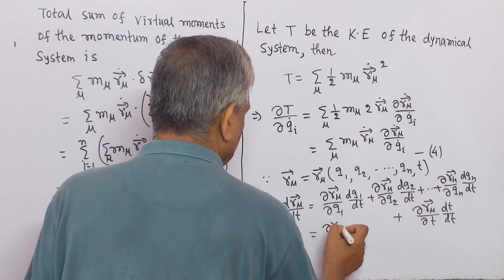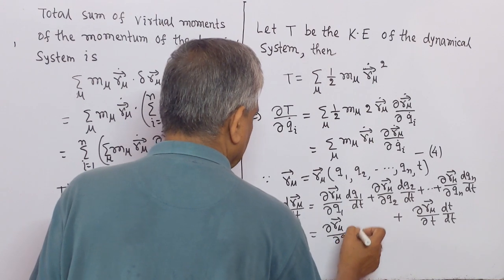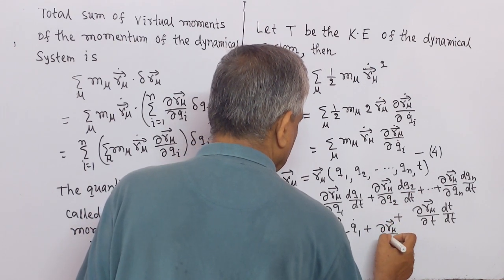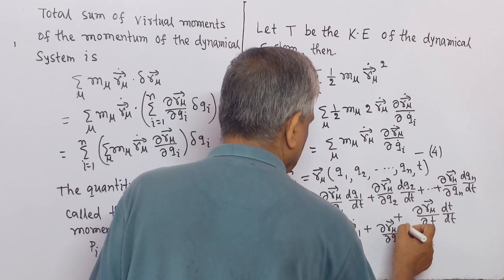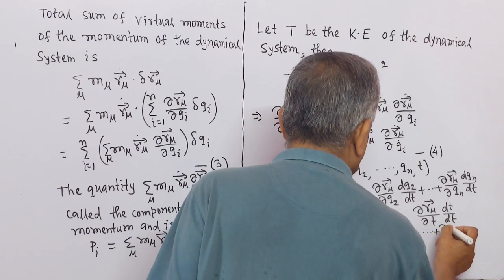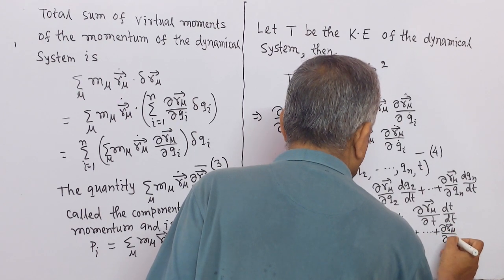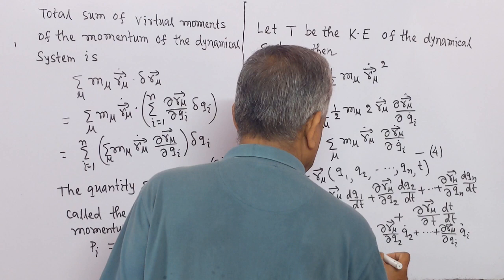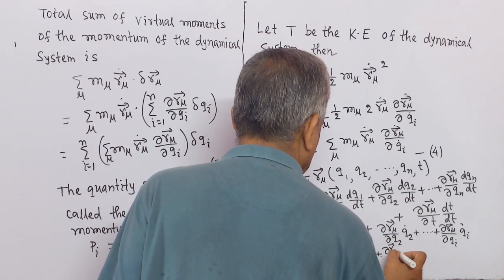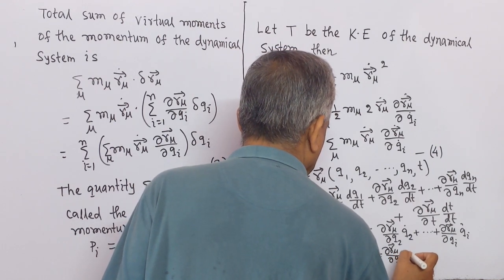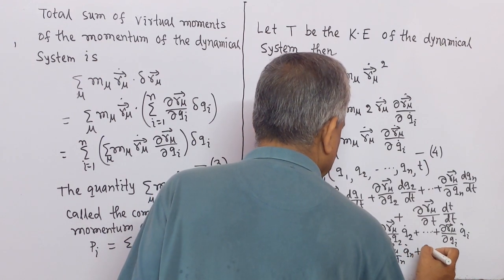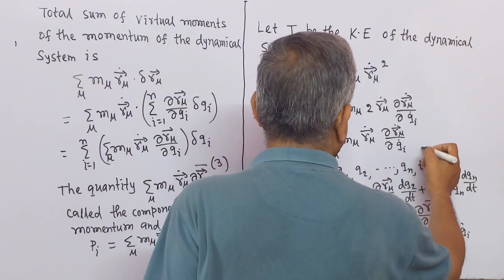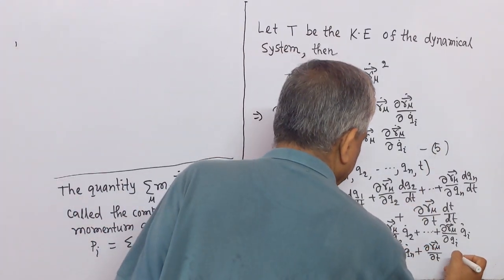This equals, here we write q1 dot, similarly here q2 dot, plus ... the partial derivative of r_mu vector with respect to qi times qi dot, plus ... plus the partial derivative of r_mu vector with respect to qn times qn dot, plus the partial derivative of r_mu vector with respect to t, since dt by dt is 1. This is number 5. This is number 6.